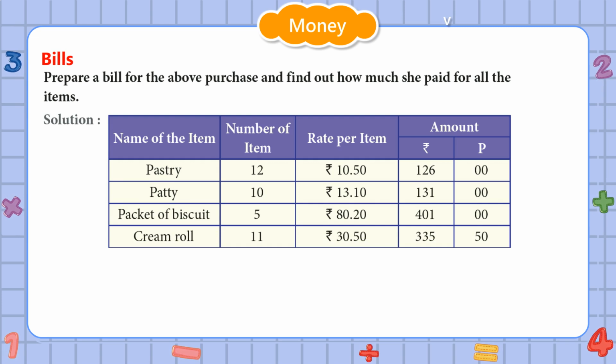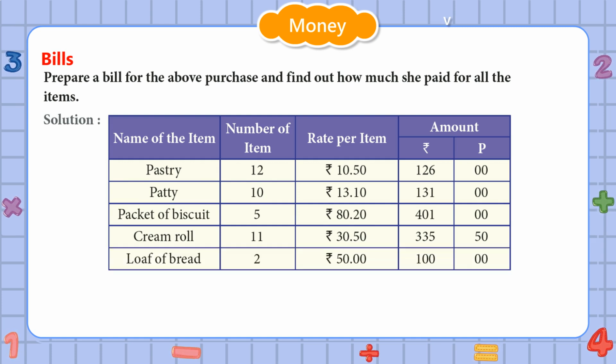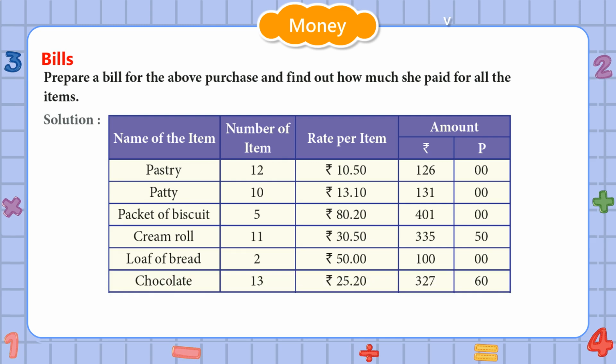Cream roll. 11. Rupees 30 and 50 paise each. Amount is rupees 335 and 50 paise. Loaf of bread. 2. Rupees 50 and 0 paise each. Amount is rupees 100 and 0 paise.